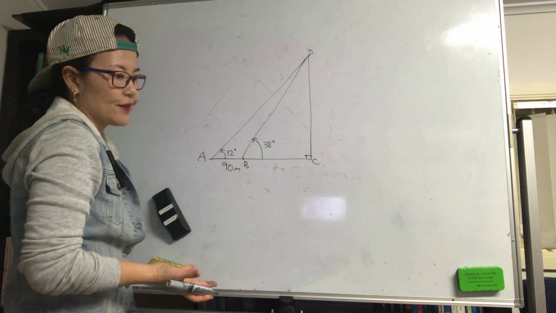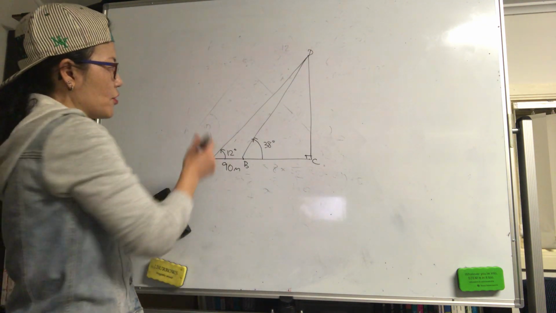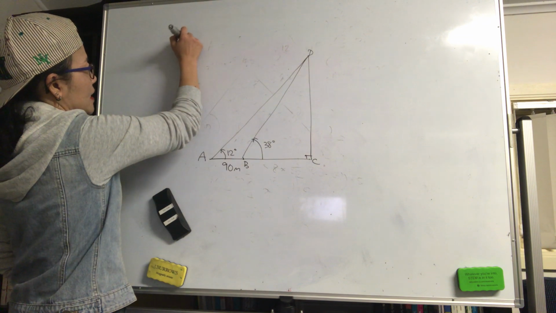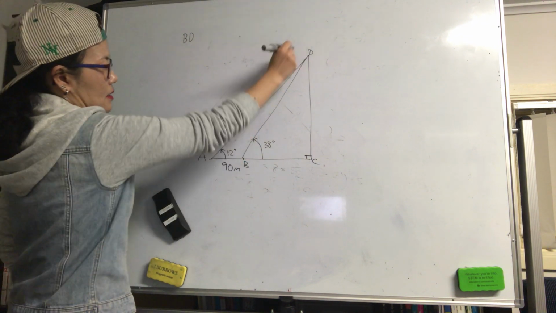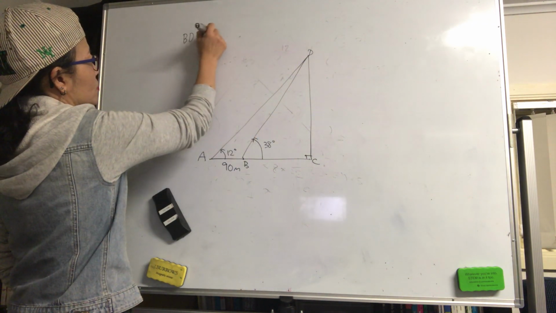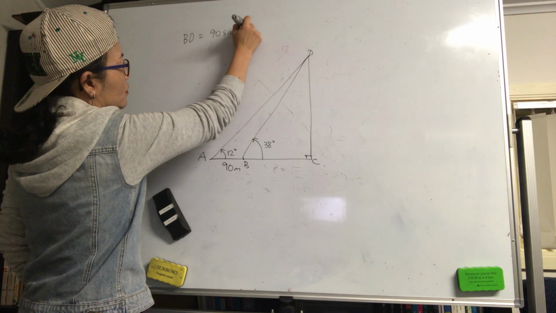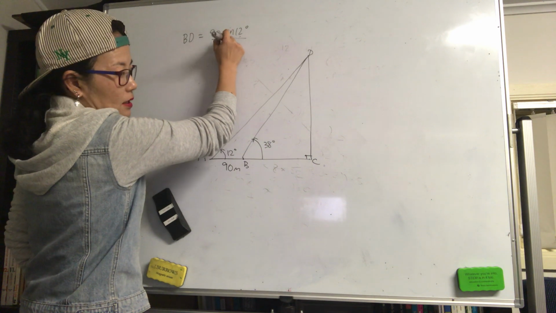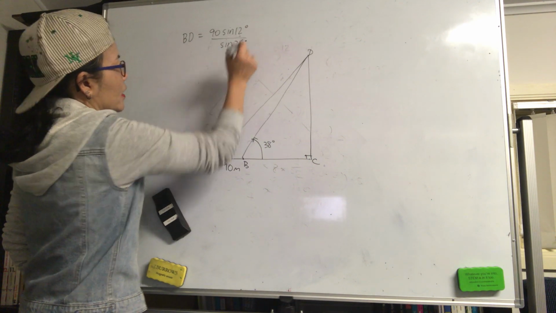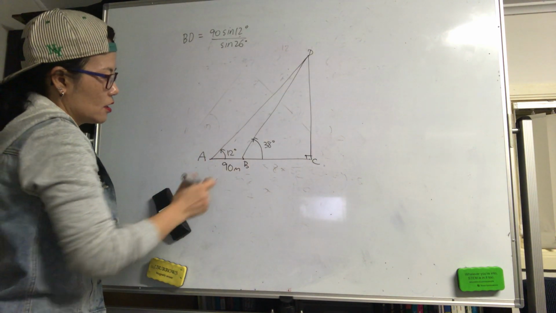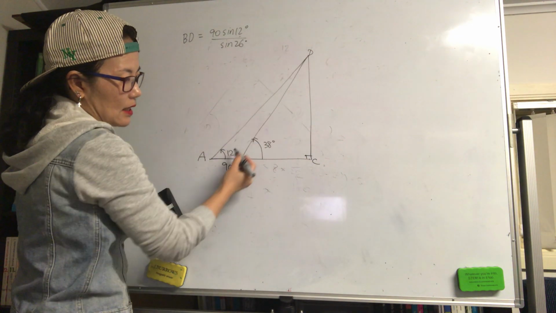All right, fair enough. And then the second one says, show that BD here equals 90 sine 12 degrees over sine 26. Okay, show that. You have to prove it. So let's have a look at BD here.